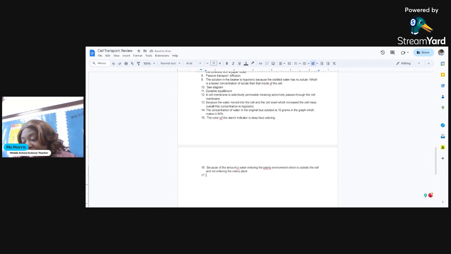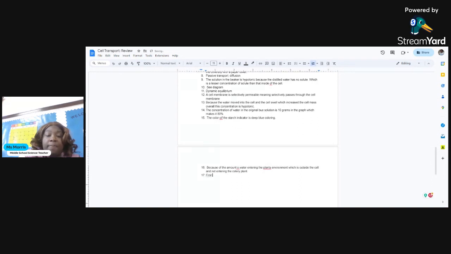17, which is the last question. Some state roads are heavily salted in the winter, creating an environmental problem. Based on observations you made in the laboratory activity, explain how organisms could be harmed by high levels of salt from roadways.